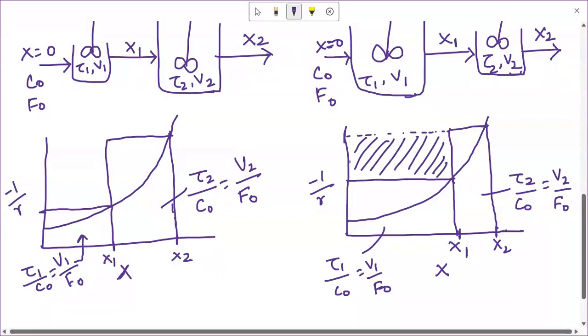this shaded region has to be maximized, because if this shaded region is larger, then automatically the other two regions will be getting smaller.